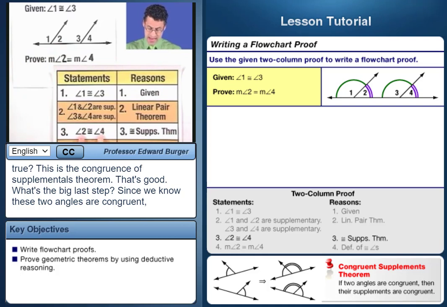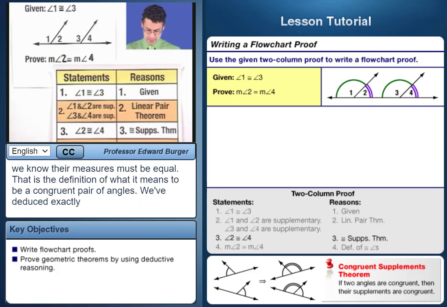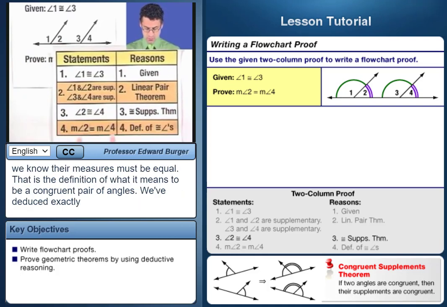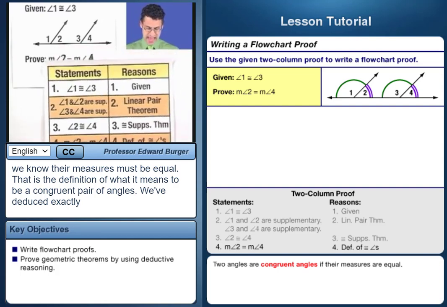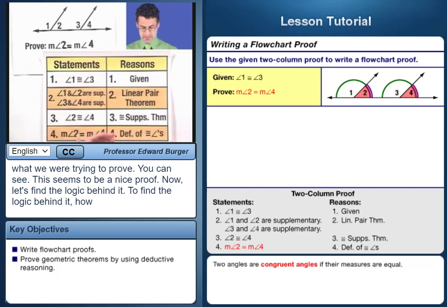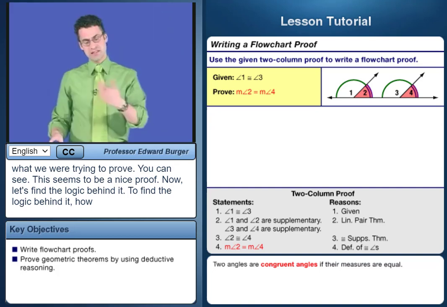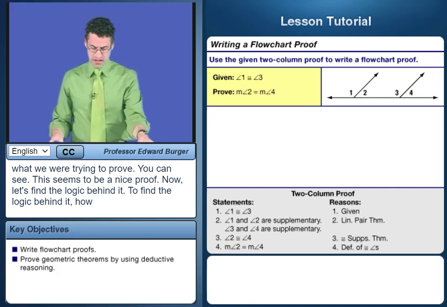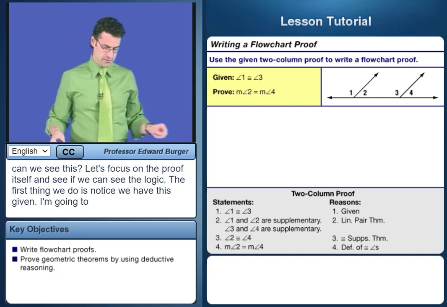Well, since we know that these two angles are congruent, we know their measures must be equal, because that's the definition of what it means to be a congruent pair of angles. So in fact, we've actually deduced exactly what we were trying to prove, you can see. And this seems to be a nice proof. Now, let's find the logic behind it. How can we see this?